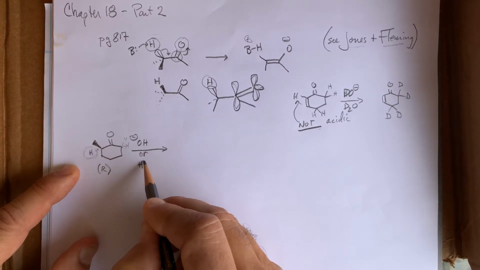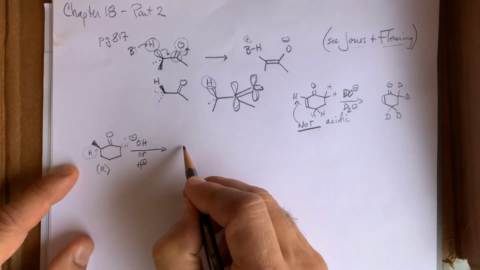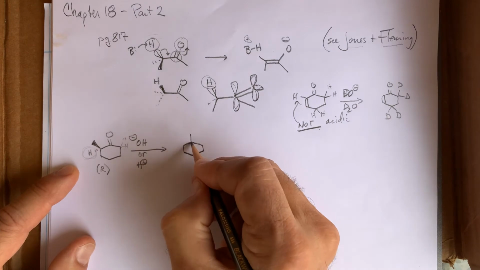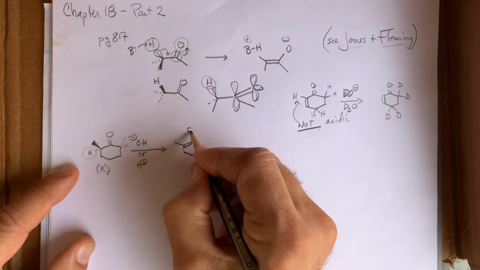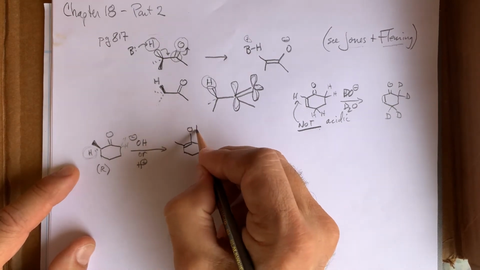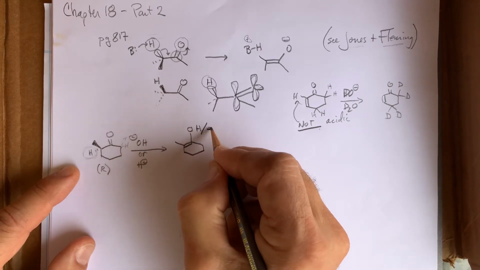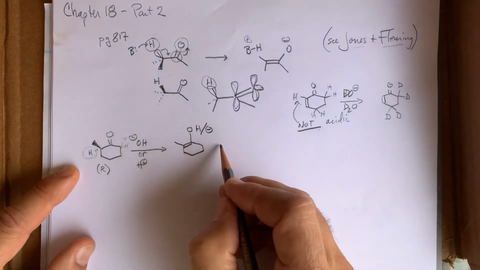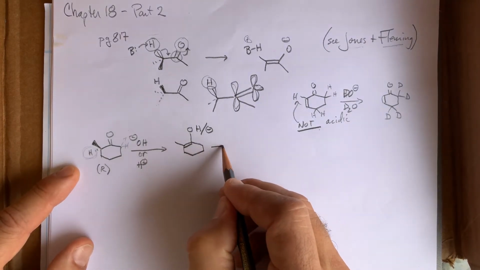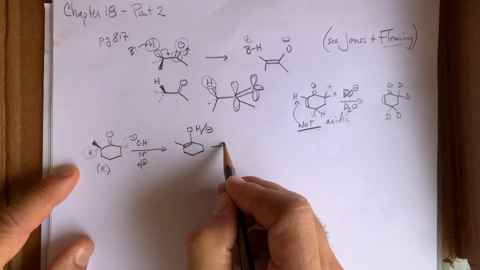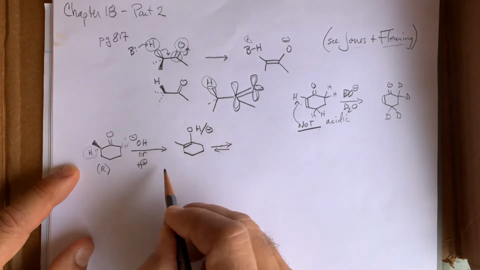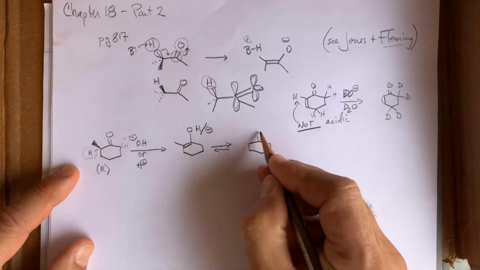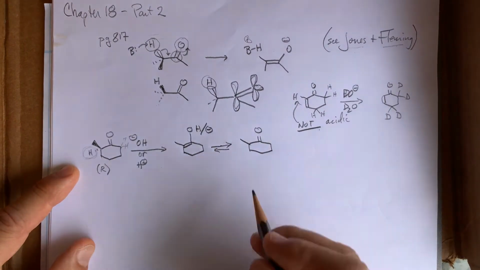Or you put in an acid, and you will reversibly form an enol, or an enolate, and that's reversible. When you do that, you've destroyed the stereochemistry.